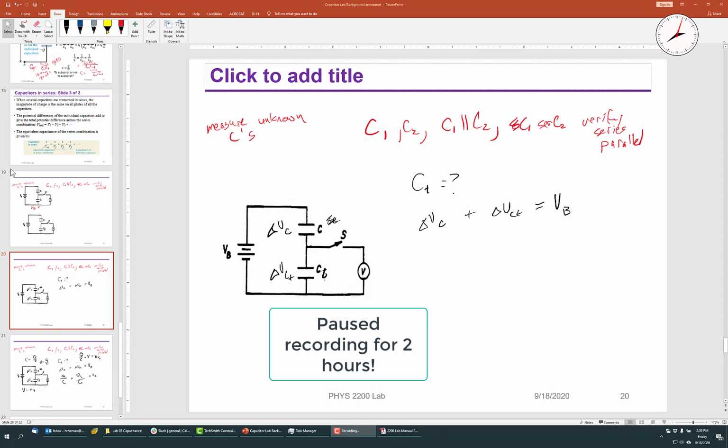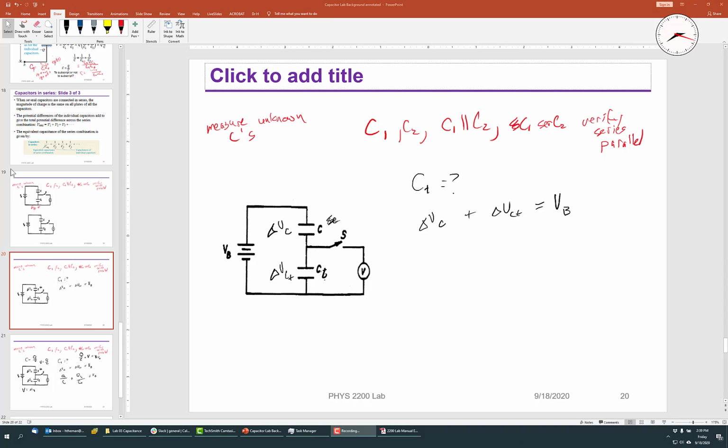Well, I must say that I got a little hung up in this calculation, and so I sat down with some scratch paper to try and figure this out, and gosh, it took me a couple hours. Unbelievable.